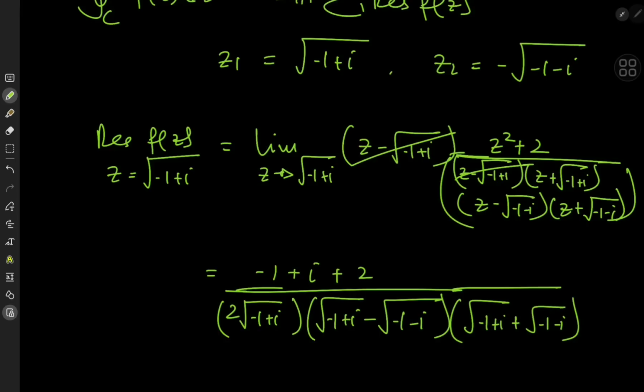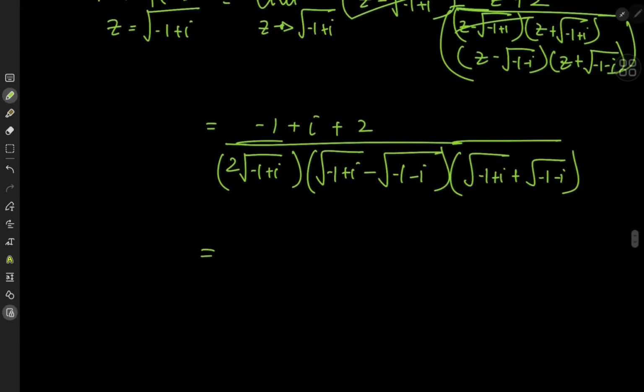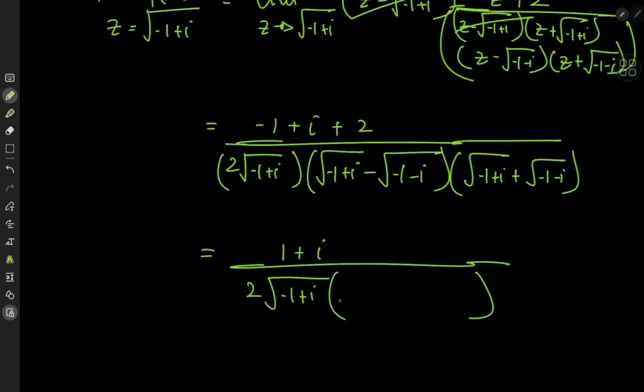So there's some nice algebra taking place here. We can invoke the a squared minus b squared identity. So in the numerator we have 1 plus i divided by twice the square root of negative 1 plus i times, okay, so we have root negative 1 plus i.